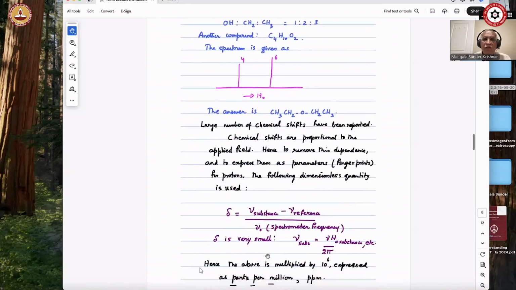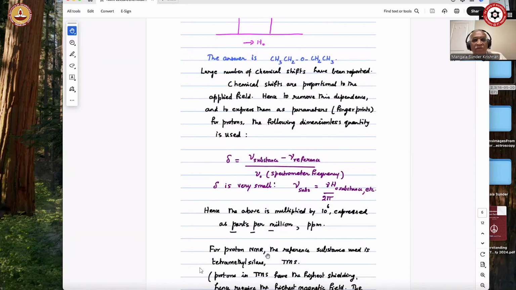Now, how do we calculate delta? Let us look at that. When you say that the field is shifted, what is the compound which has the maximum shielding? There is a reference compound, and that reference compound happens to be tetramethylsilane, Si(CH3)4.